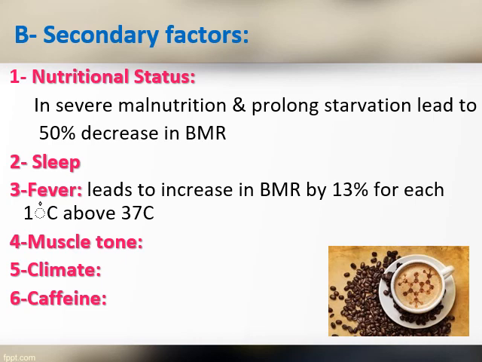A low climate temperature increases the heat loss and leads to an increase in the basal metabolic rate by 5% for each 10 degree decrease, especially in Eskimos. Also, an increase in the climate temperature leads to a decrease in the basal metabolic rate as in Africa, but the basal energy expenditure will increase due to stimulation of sweating. The intake of caffeine also increases the basal metabolic rate.